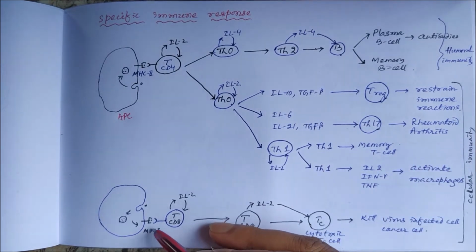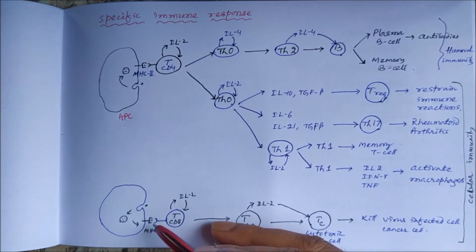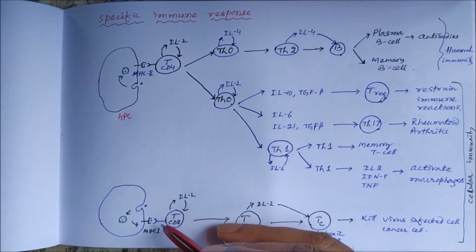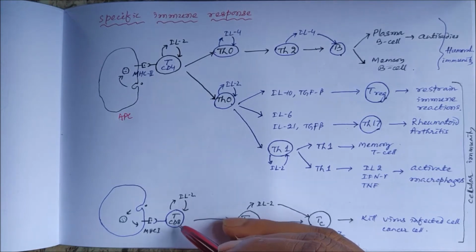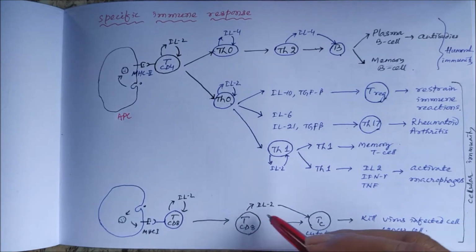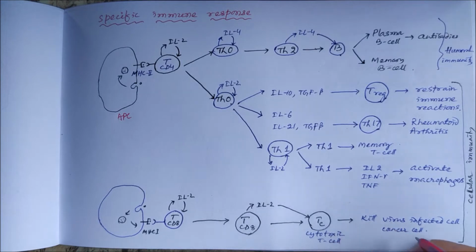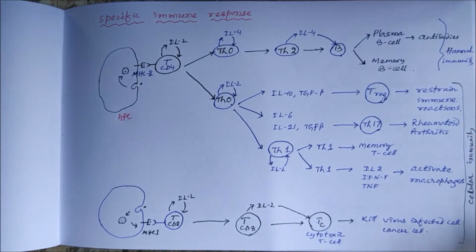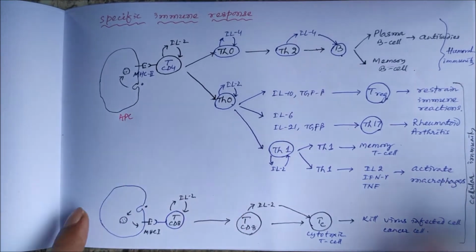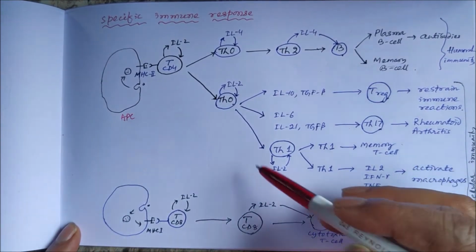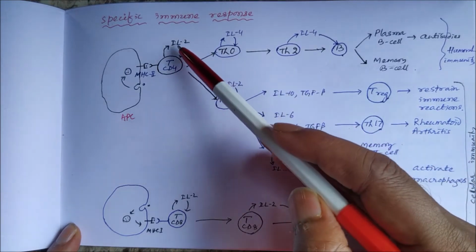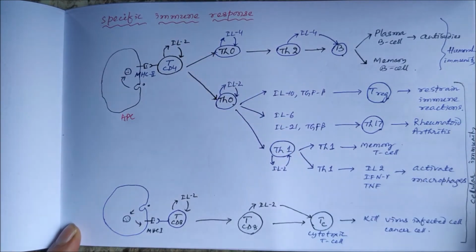And when major histocompatibility complex 1 is expressed, it is recognized by the CD8 T lymphocytes, which are differentiated into cytotoxic T cells, which kill the virus infected cells or cancer cells. So when we say the specific immune response, there is the role of the cytokines, and the major cytokine is interleukin 2.